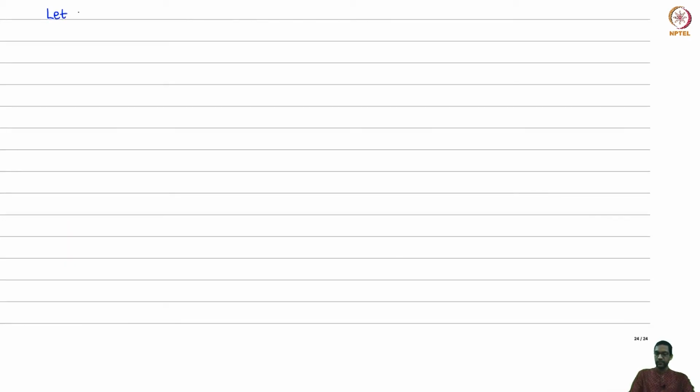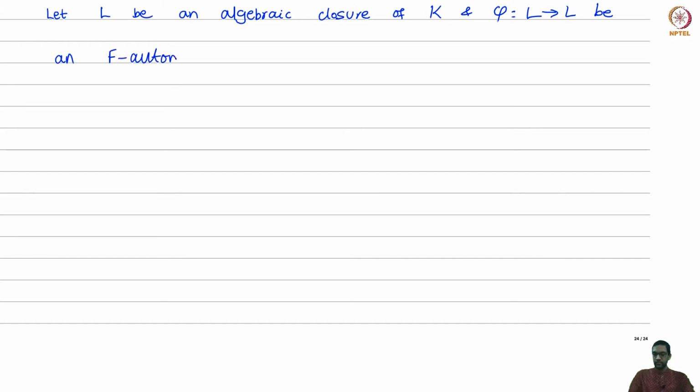So let L be an algebraic closure of K, and let's take an automorphism of L, which is identity on F, an F-automorphism. Okay, now we just need to show that phi of K is K.